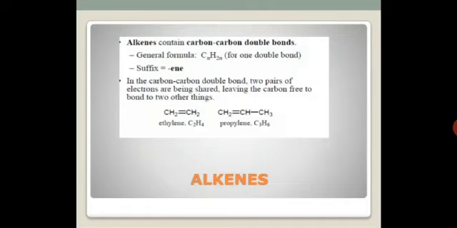What I mean is, since each carbon atom has a valency of 4, after forming a double bond, 2 electrons are left. So any carbon that has a double bond can only form 2 other bonds, like you have in ethene there and propene.